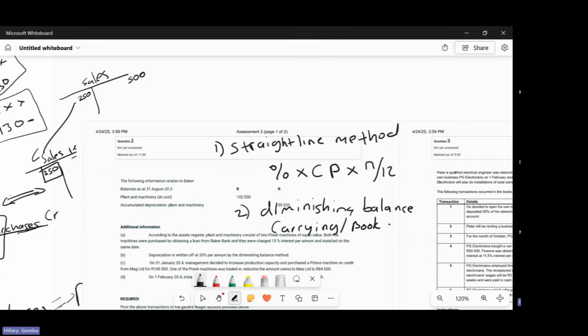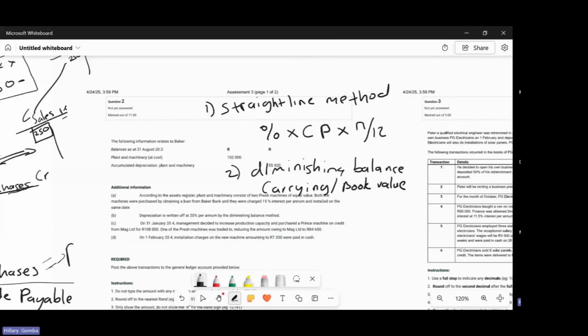The formula for this one is your percentage times open bracket cost price minus accumulated depreciation close bracket times N, which is a period, over 12. So you need to understand and know these formulas by heart, that if they tell you you are using a straight line method, you know the formula. If they tell you you are using a diminishing balance method, you know the formula.